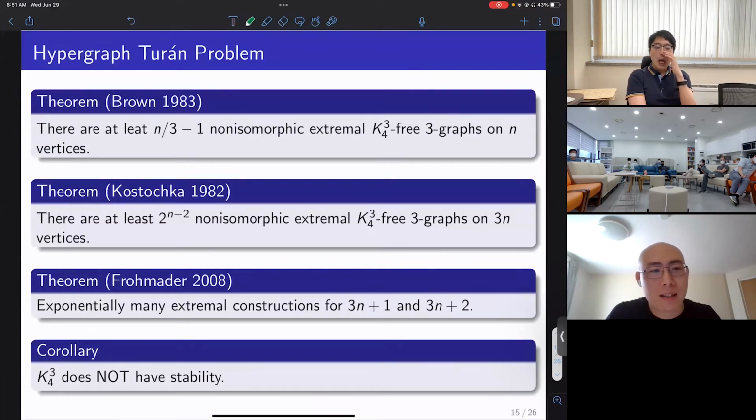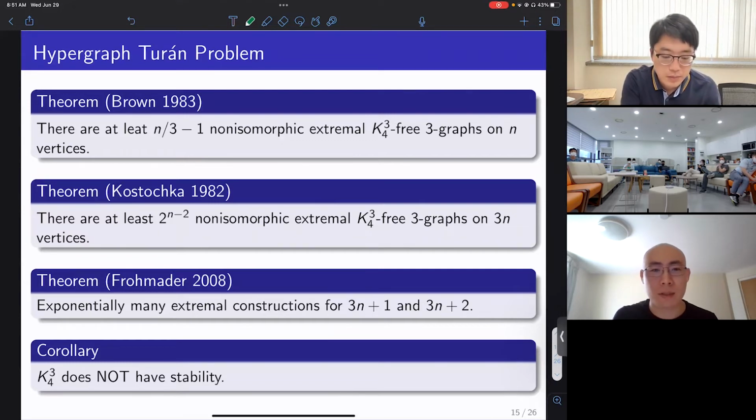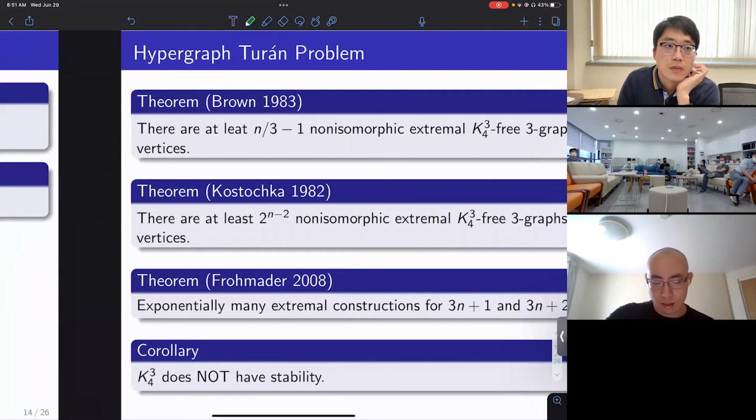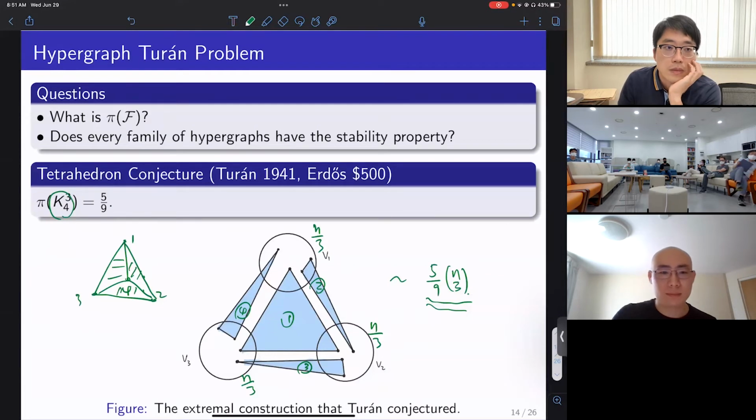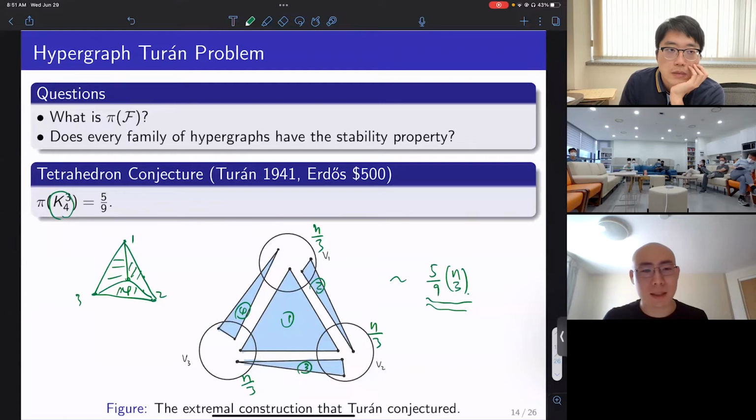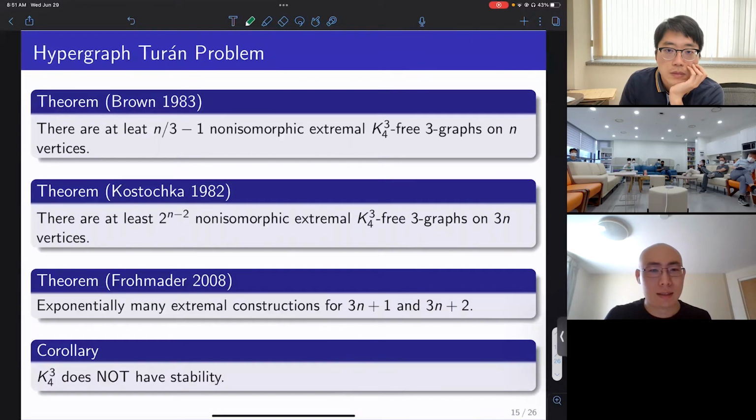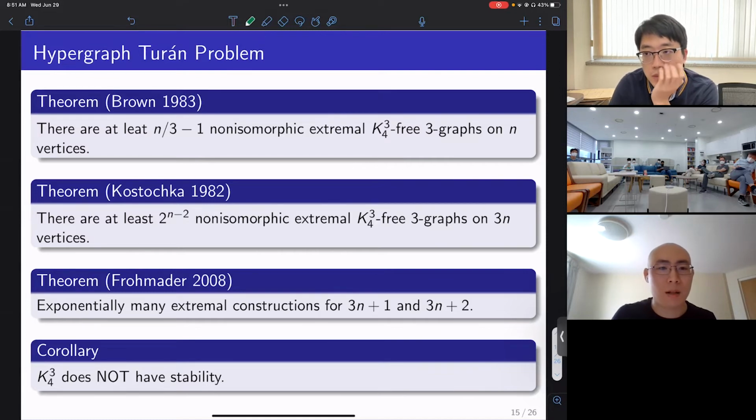So about 40 years after Turán's conjecture, Brown found that in fact, there are over 3 many non-isomorphic K4-free graphs with exactly the same number of edges as this construction. I cannot show you the construction because it's a bit complicated. So this is Brown's result. Besides this construction, you have many more other constructions.